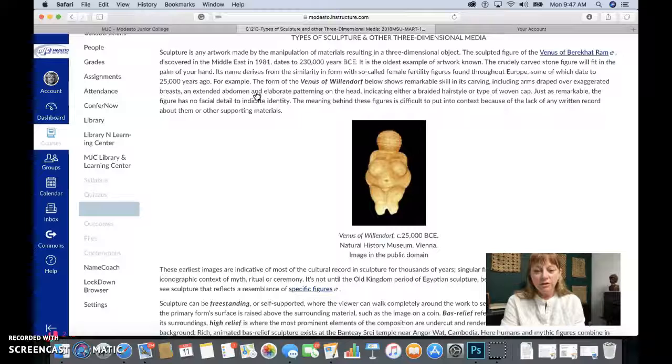We used to think that this was the oldest sculpture in terms of something that was man-made and identified a human form. The Venus of Willendorf is very small. It basically can fit in the palm of your hand, so it's really very small.